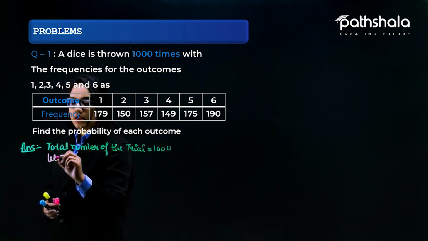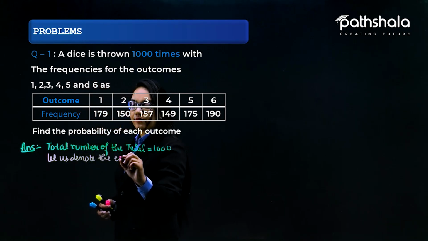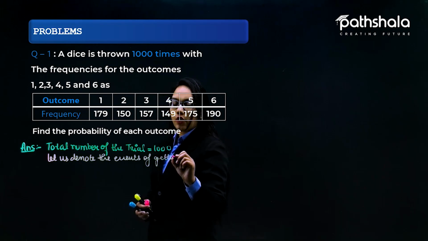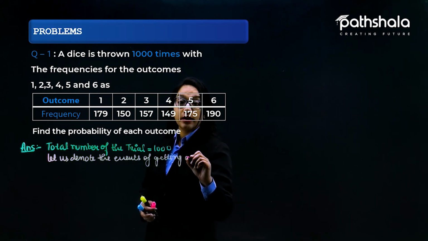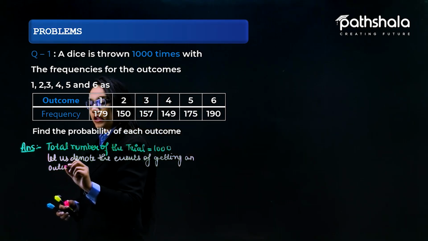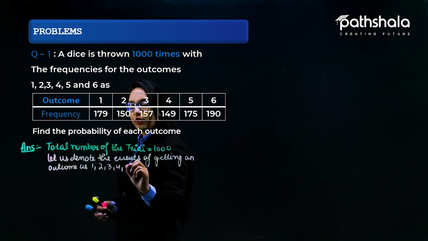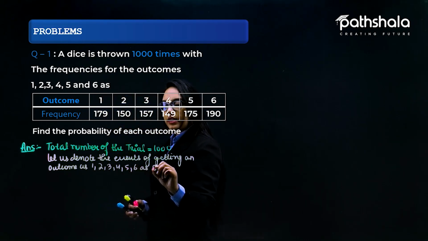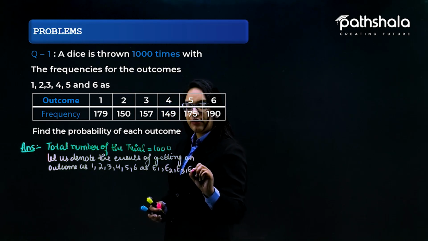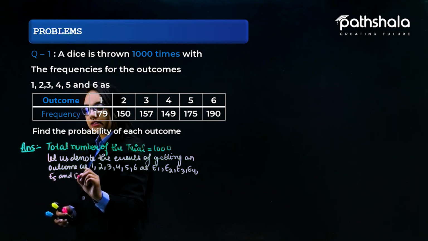So let us denote the events of getting an outcome as 1, 2, 3, 4, 5, 6 as E1, E2, E3, E4, E5 and E6.